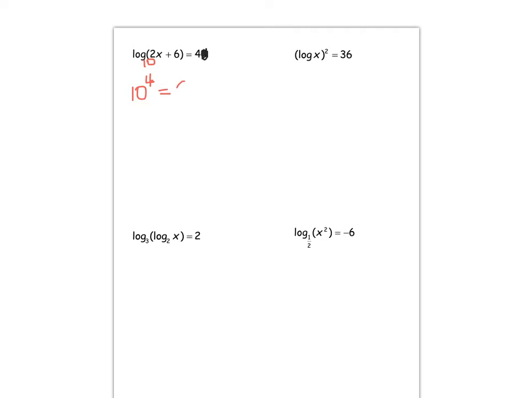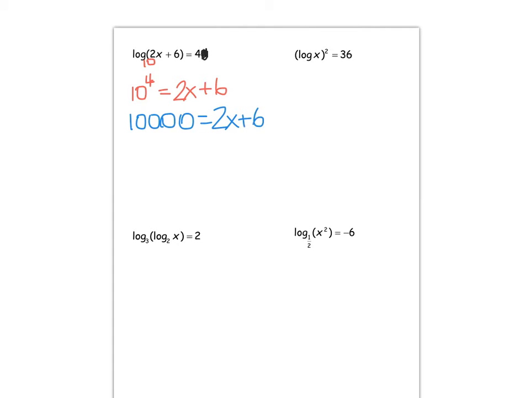And that'll equal 2x plus 6. Because of the parentheses, 2x plus 6 travels together. 10 to the 4th is 10,000. That equals 2x plus 6.